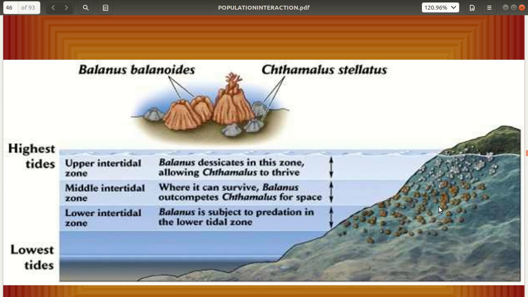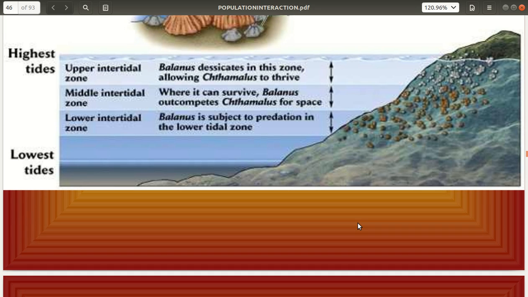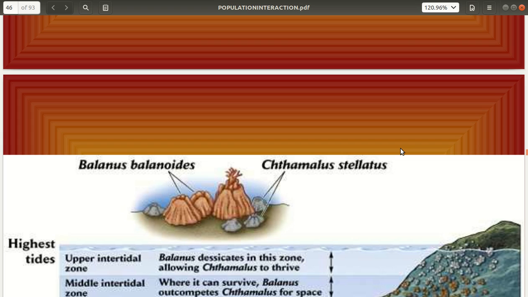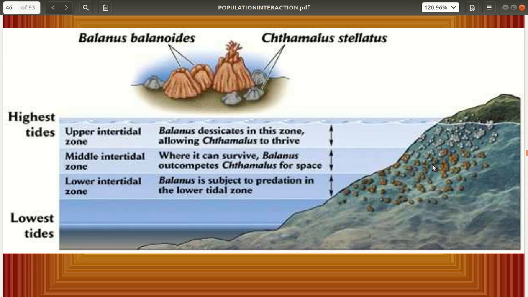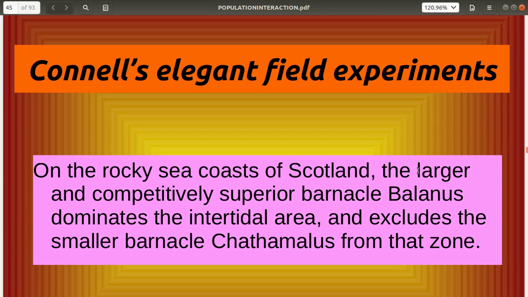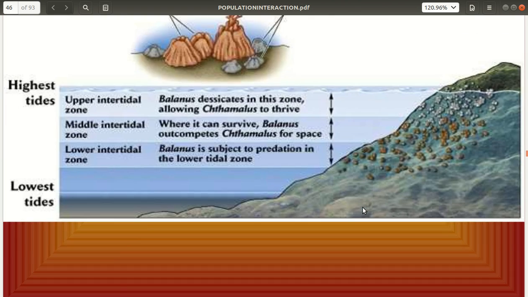Balanus is generally found in the lower tidal zone. When you remove Balanus, Chthamalus is going to be found in all these zones. That is competitive release, Connell's elegant field experiment, so that you can remember it.